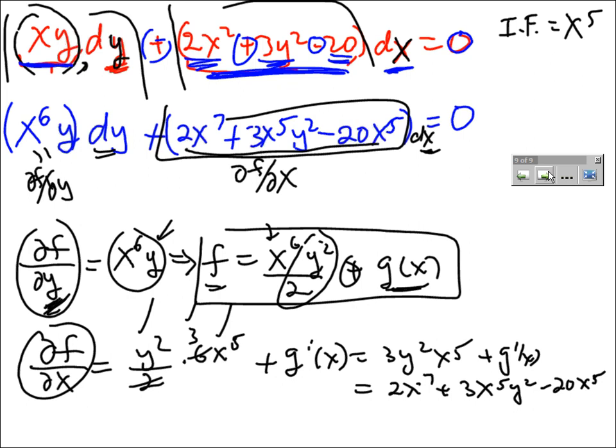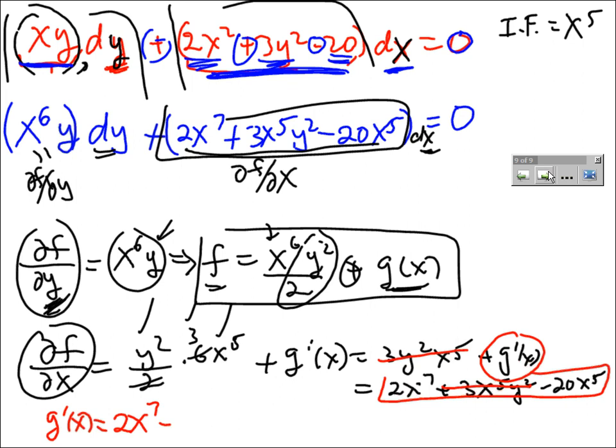What I realize is that plus that and plus that are on both sides of the equation, so they cancel. So g prime of x is equal to what survived: 2x to the 7th minus 20x to the 5th.